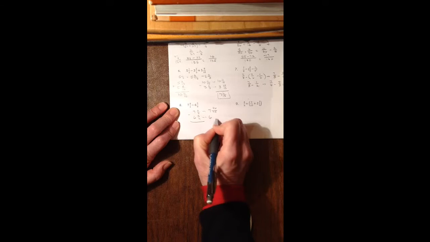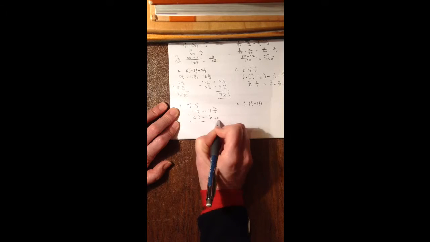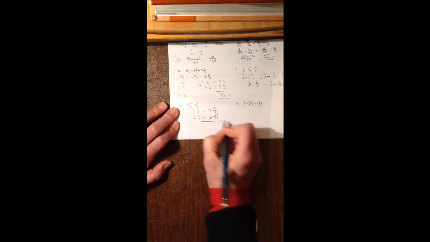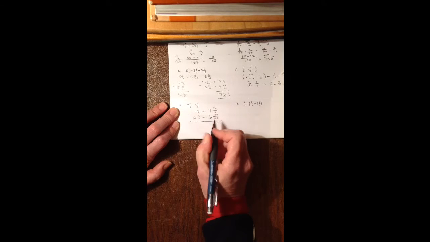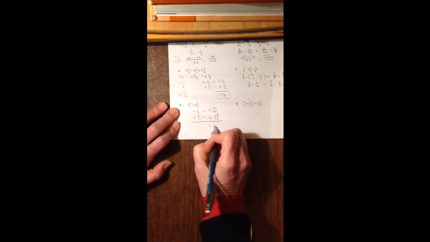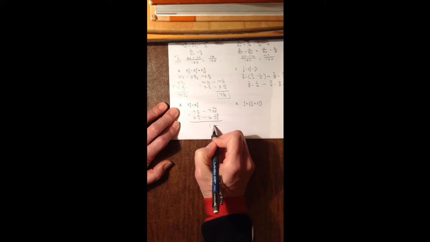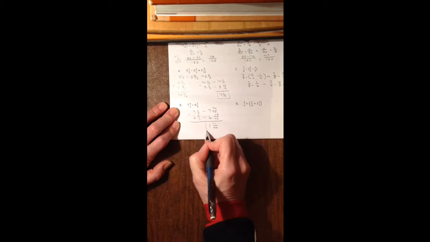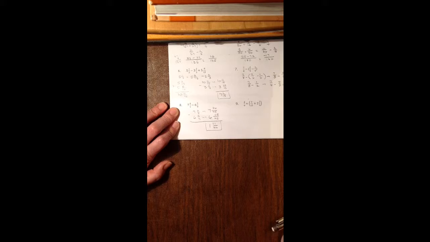And down here, to make 45, 9 times 5, so 5 times 5. Now I'll subtract my integers, and I'll subtract my fractions, and end up with 11/45. So the answer is 1 and 11/45.